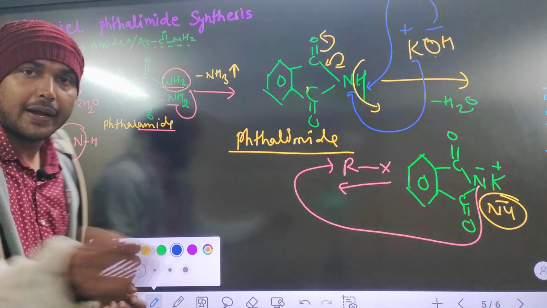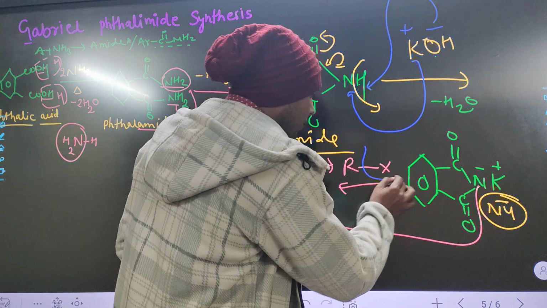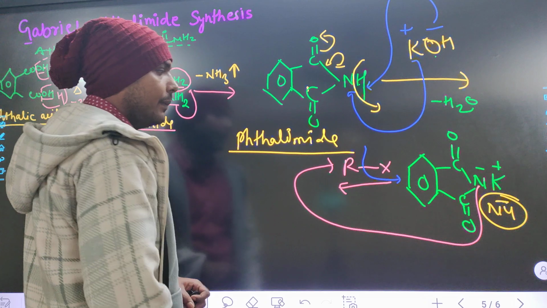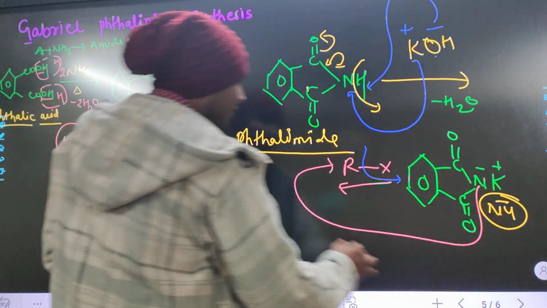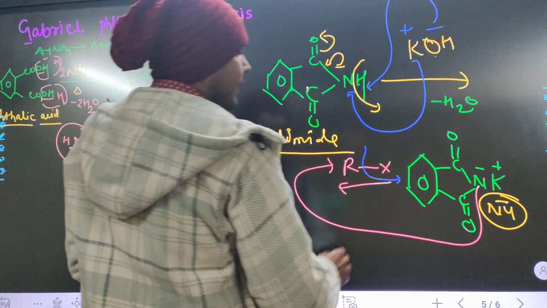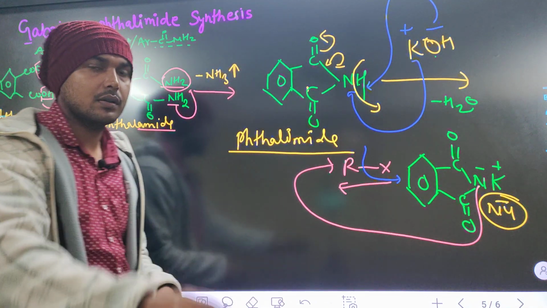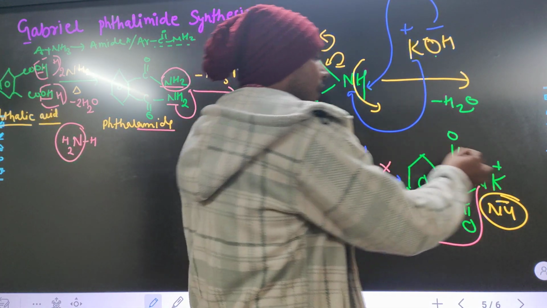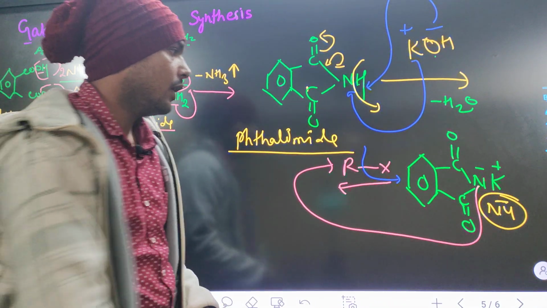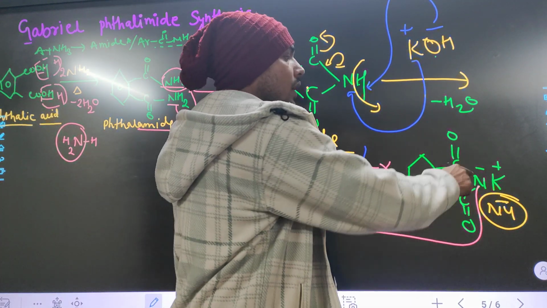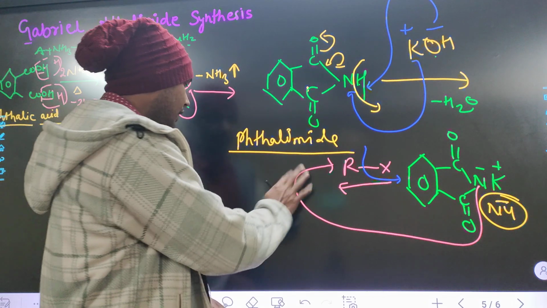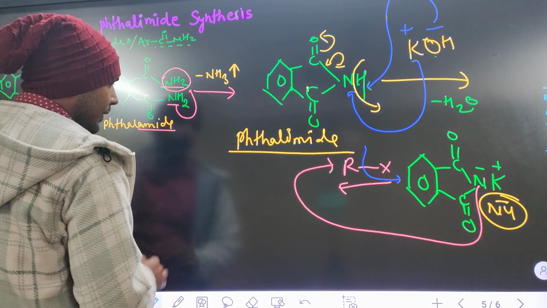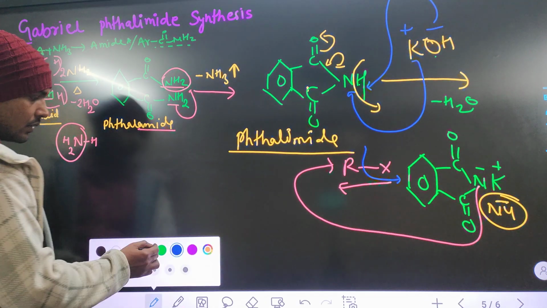When it attacks from the back side, this bond will break and X will be released here. Then X and K form KX, and an R group is attached to the N. So I am writing the final structure here.